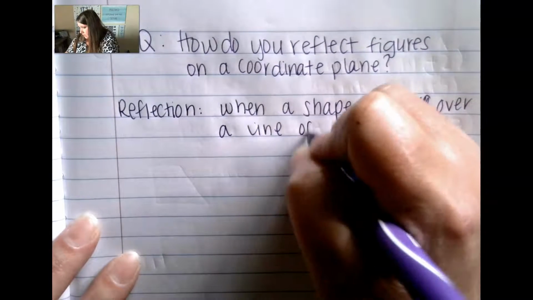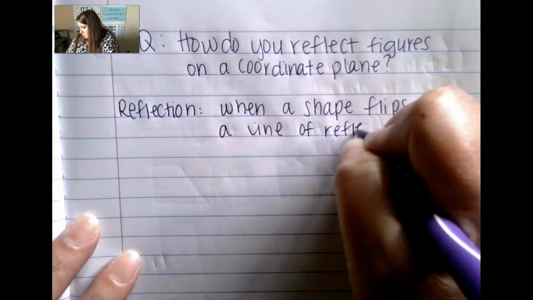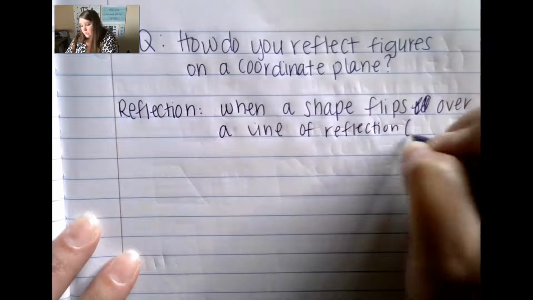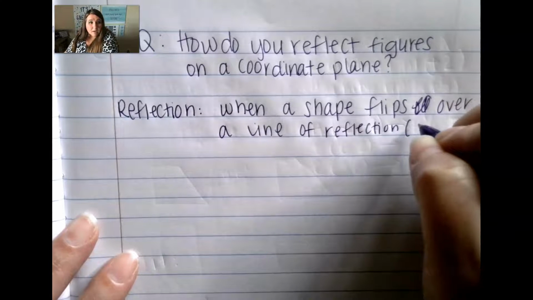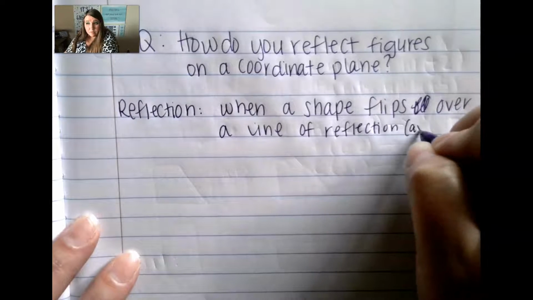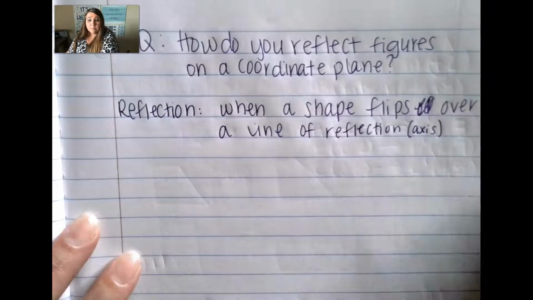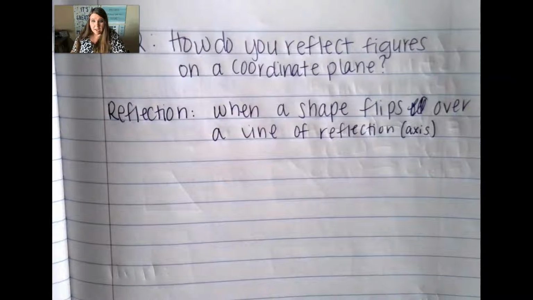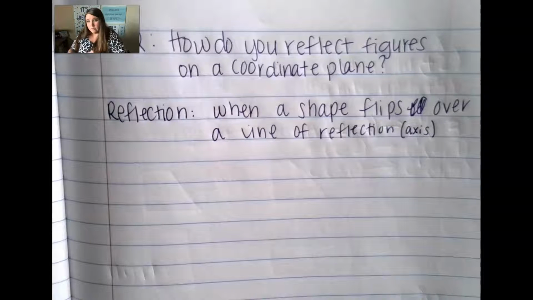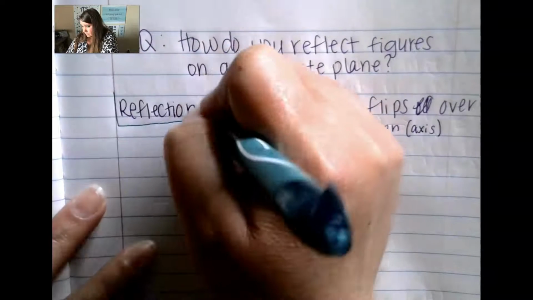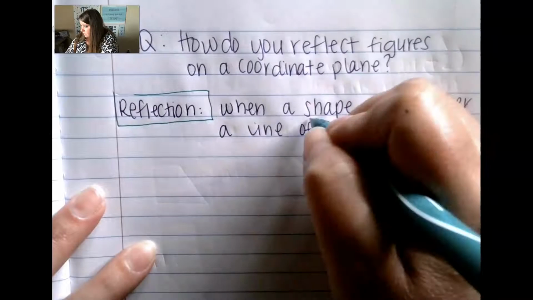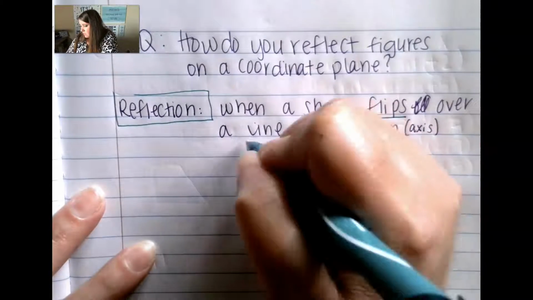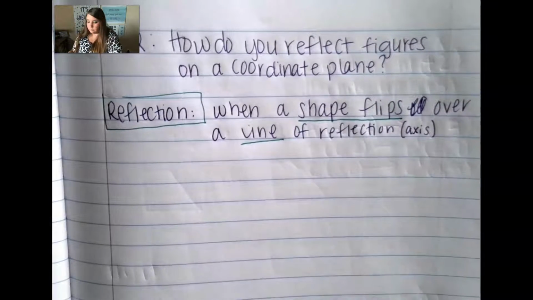A line of reflection. All right. And that line of reflection is going to be one of the axes there. Either the x-axis or the y-axis. So a reflection is just flipping the shape over a line.